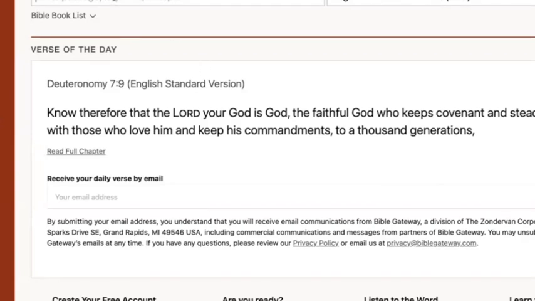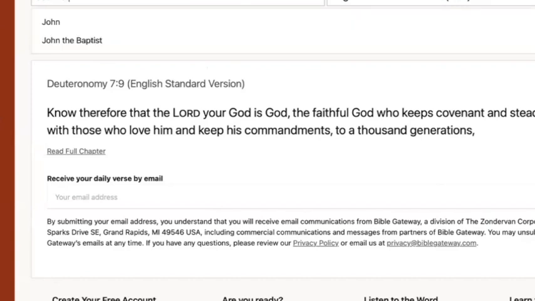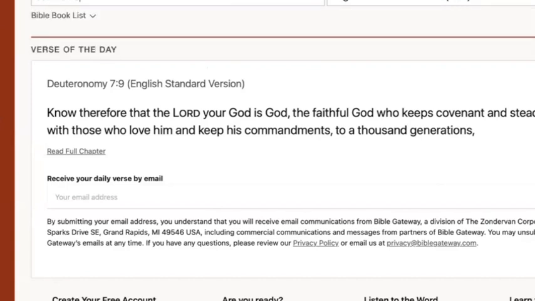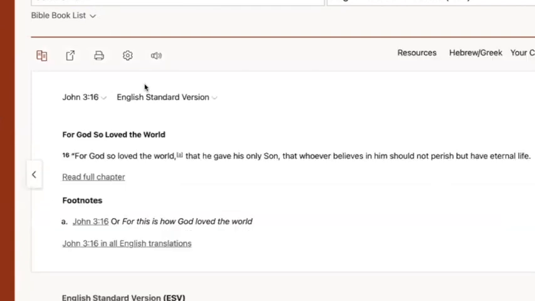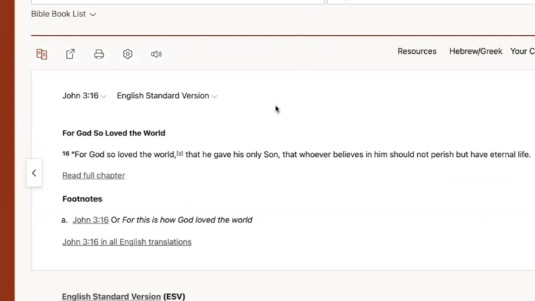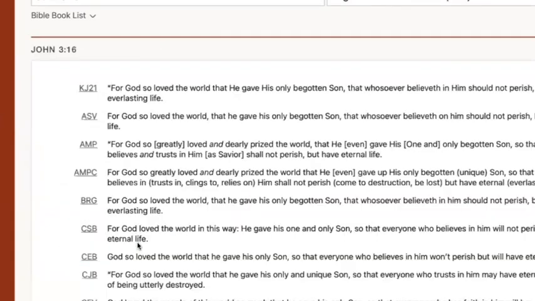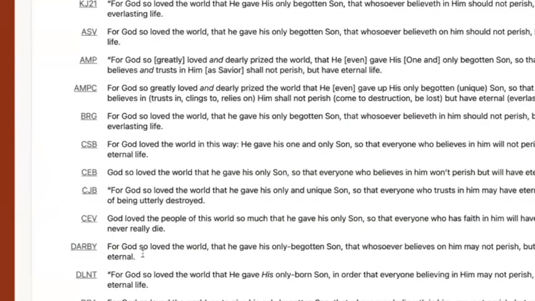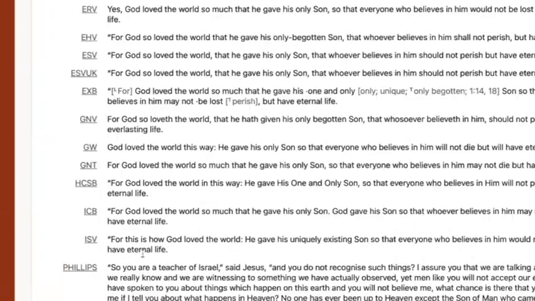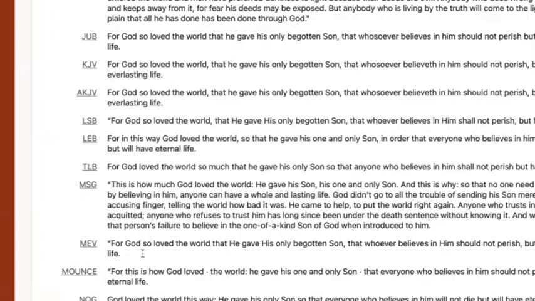And so if I was going to look up, let's just say John 3:16, I can just put that in here, and it gives me John 3:16 in the English Standard Version. Now at the bottom of the page it says John 3:16 in all English translations. So if I click on that, there's a lot of different translations listed here, and this is only English.